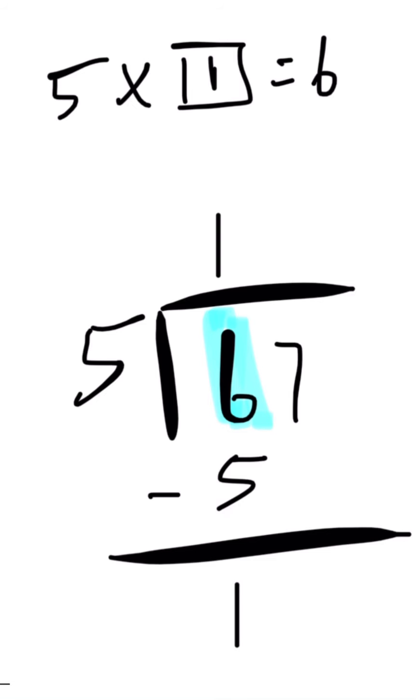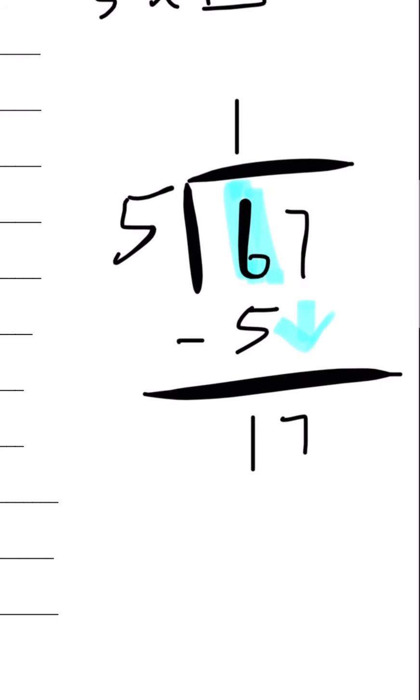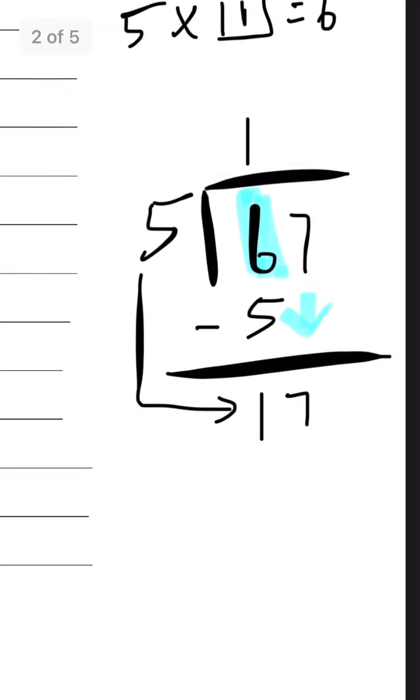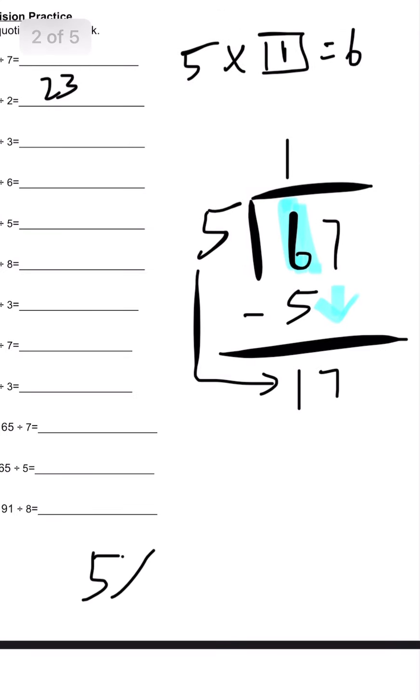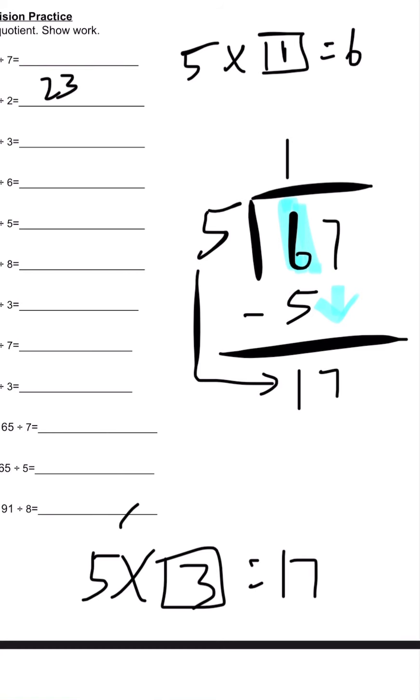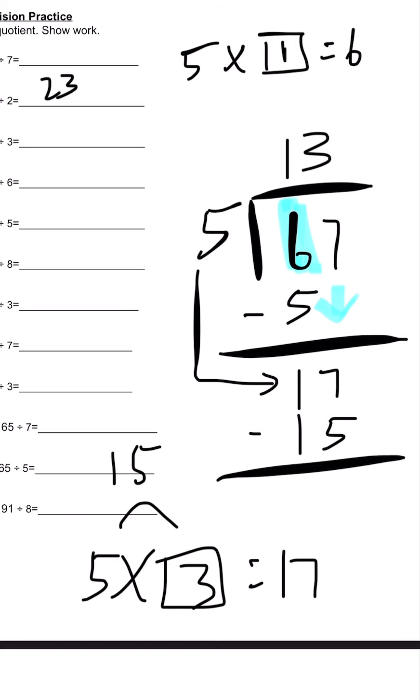And you get 1. And then you will bring down the 7. Now you go this way and you ask yourself, 5 times what gives you closest to 17? 5 times 3 gives you 15. That's pretty close to 17. So we'll write 3 up here and subtract 15. And you will get 2. So your answer will be 13 remainder 2.